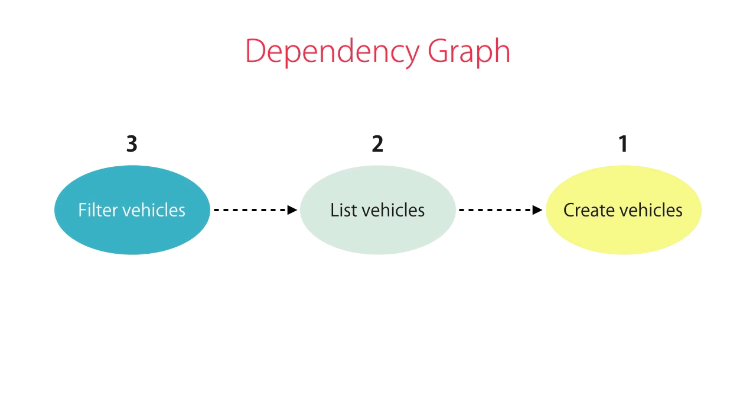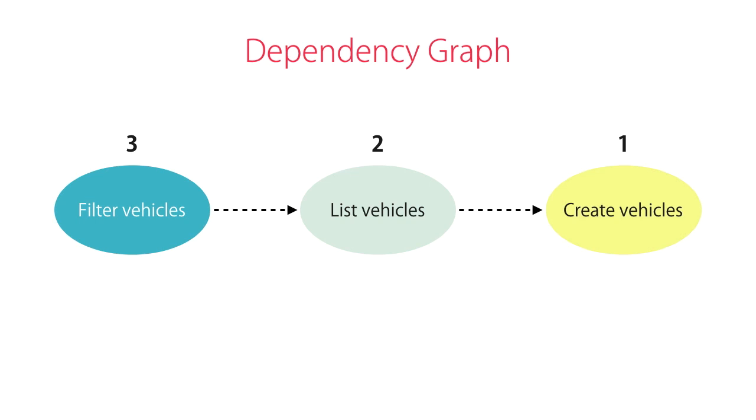Now, what is critical for you to understand here is that when you're building the list of vehicles, you should not worry about all the other fancy features like filtering, sorting, pagination, and so on. This is a mistake that a lot of junior developers make. They try to do so many things at once, and that's why they get lost in detail and deliver poor quality software.